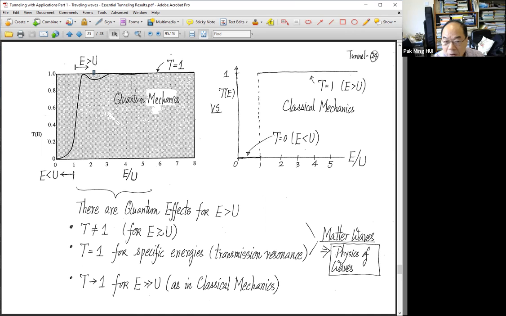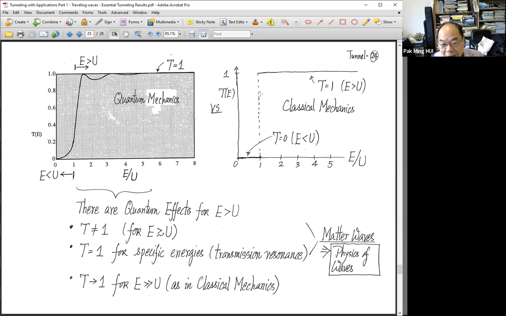Nonetheless, the transmission is slightly less than 1. Okay, it's not much, it's 0.9 something, but it is not 1. So you see this wiggling a little bit, but when the energy becomes very high compared with the barrier height, then it approaches 100% transmission.